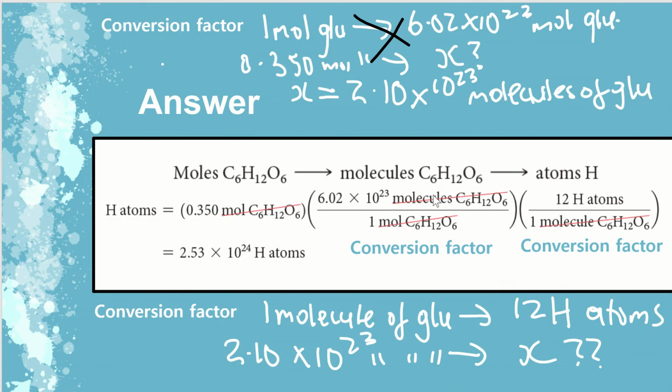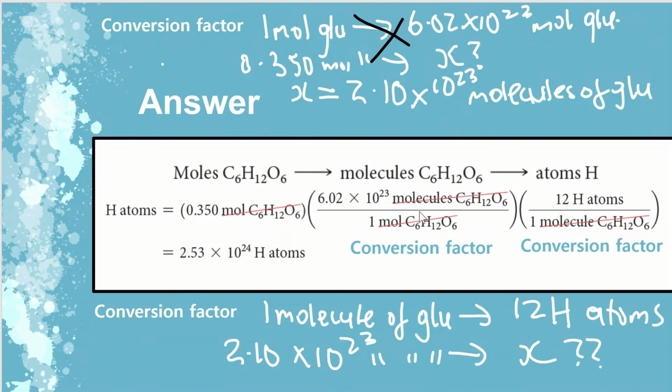number of molecules. And then our second conversion is from molecules to atoms, and we have our conversion factor here, which says 1 molecule of glucose is equal to 12 hydrogen atoms, and that should make sense to you, right? Because this is a molecule of glucose and it has 12 hydrogens, right?